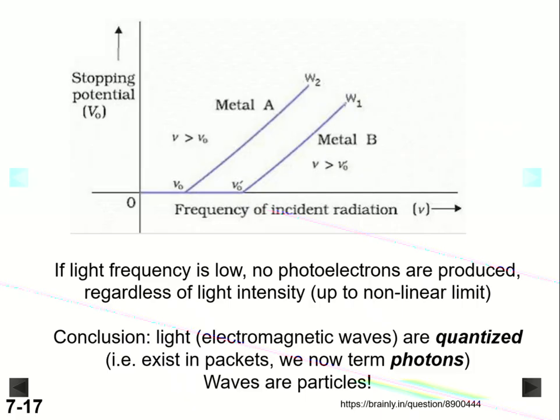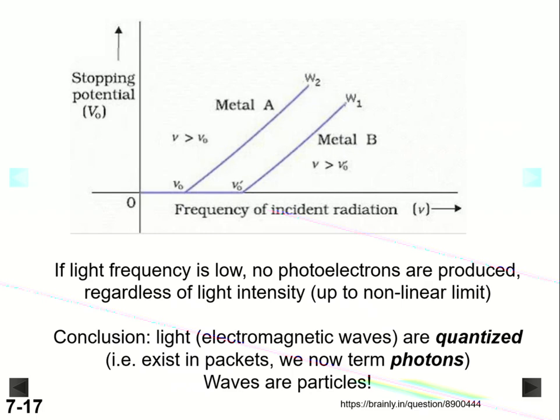And metal A would be something that would have a lower, what we call work function, or a lower ionization energy. For example, a metal that might lose electrons more easily at lower energy might be something like sodium. Whereas metal B, which is harder to lose electrons, might be something like gold.